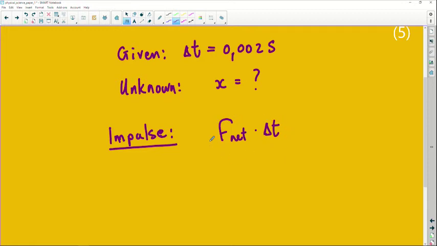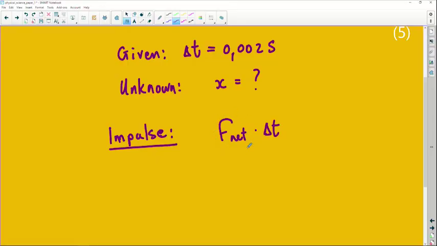The force here would be the bullet pushing on the block, and that is what causes the transfer of momentum from the bullet to the block. It's the net force of the bullet pushing on the block, and that takes place over an amount of time, and that will then result in a change in momentum, and that is what we call impulse.